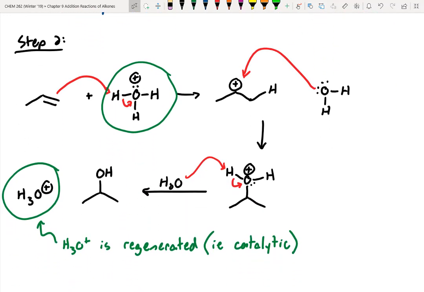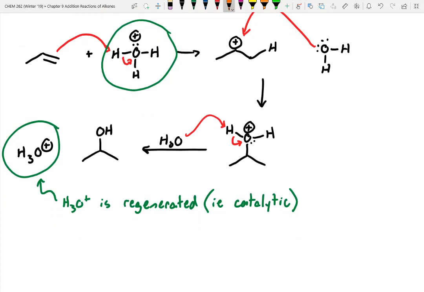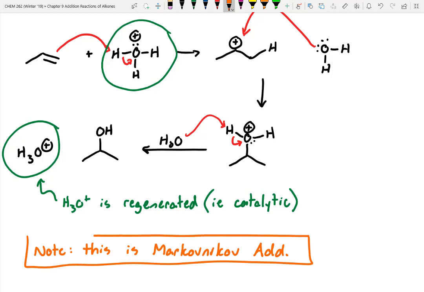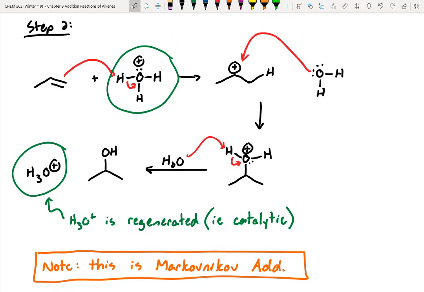Is this Markovnikov addition or anti-Markovnikov addition? Markovnikov addition, right? So let's just indicate that. Really, for this reaction, you can't avoid Markovnikov addition. In that first step, you always want to form your most stable carbocation. All right. The nice thing with this reaction is it is somewhat reversible, too.